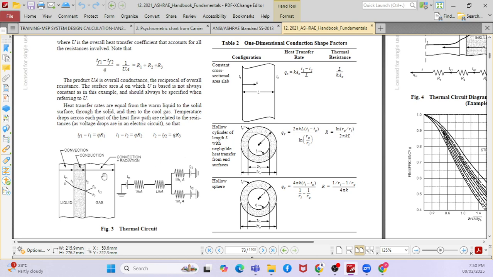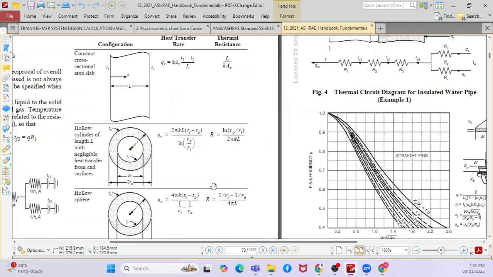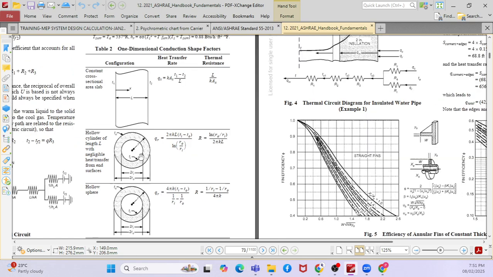Can you see, this is the liquid, this is the outside area, and this is your pipe, like the pipe material thickness. So what is the equation to calculate the thickness of the insulation? When you approach an insulation supplier, they will be using this equation to calculate the insulation thickness, depending upon the outside temperature and internal temperature.